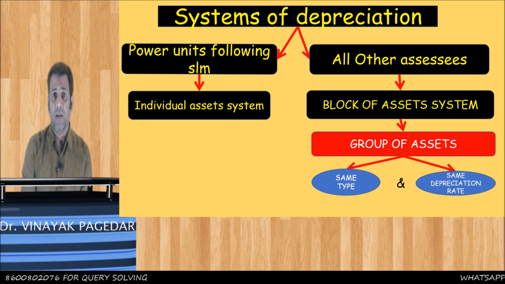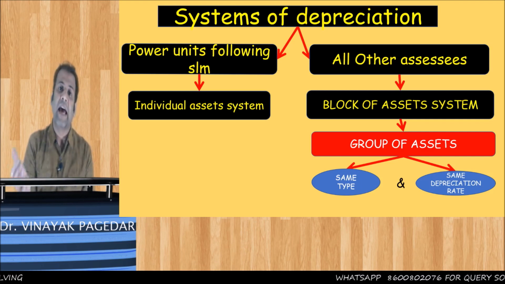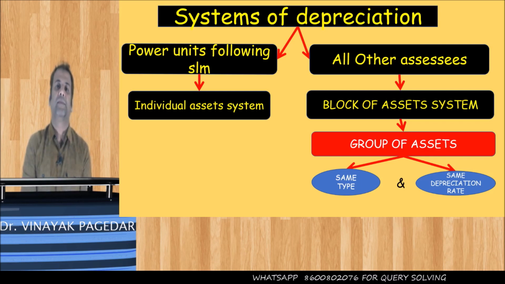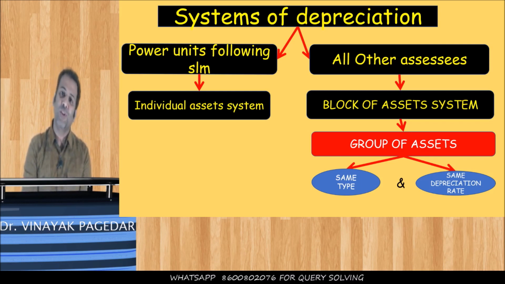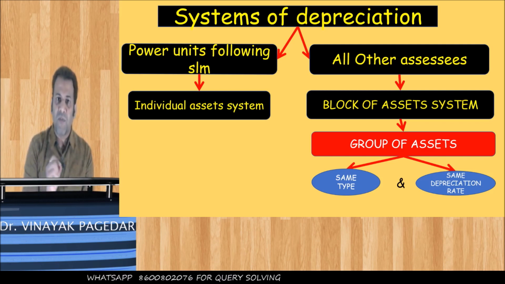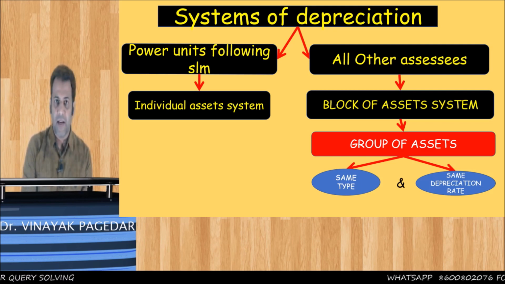For example, a building with 10% rate of depreciation and furniture having 10% rate of depreciation cannot be grouped together. Why? Because the type is different. Even though the rate is same, the type is different. So for the purpose of block of assets, you have to group those assets which have the same type and the same depreciation rate. Correct?